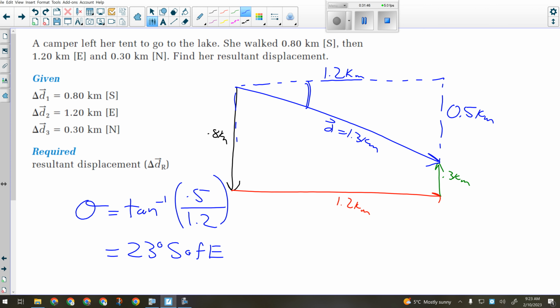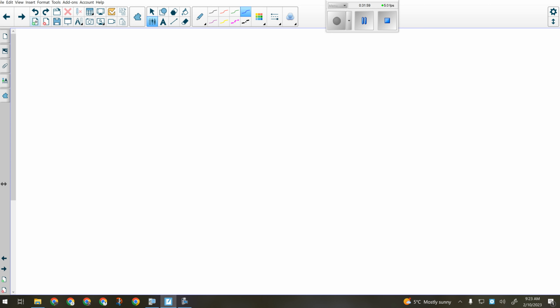But it leads us to what we're going to talk about next week, which is finding the components of our vectors and of our result, the horizontal and the vertical components. So that's what I was telling you about earlier.